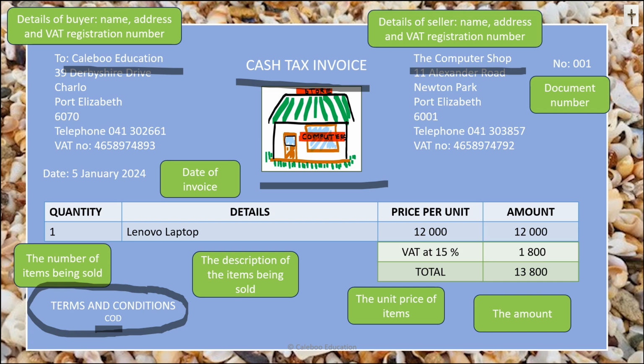Calibu Education is going to pay for the laptop by either a check or EFT. So this document here, a cash tax invoice, is supporting documentation. You get the invoice and you make a payment.